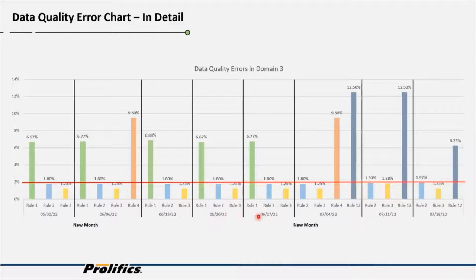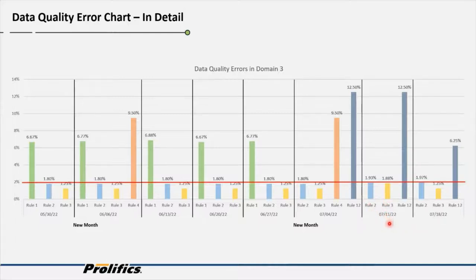And we can see that we have the rules by the different date, from oldest to newest. I've identified the new month because I'm going to use that as a part of the talk. How would an executive look at this? They would look over on the right. They would look at those rules. They would probably ask you about rule number 12, what's going on there. They probably wouldn't worry about rule number 2 or number 3.